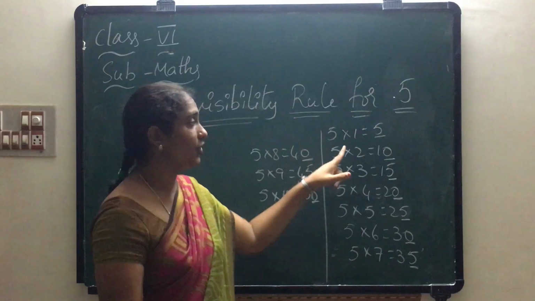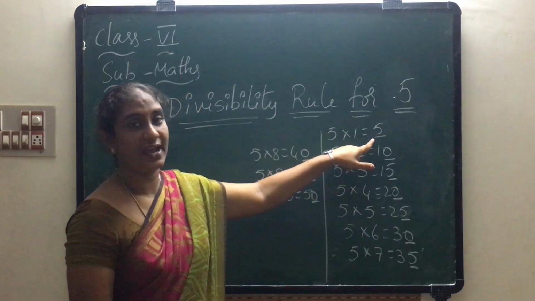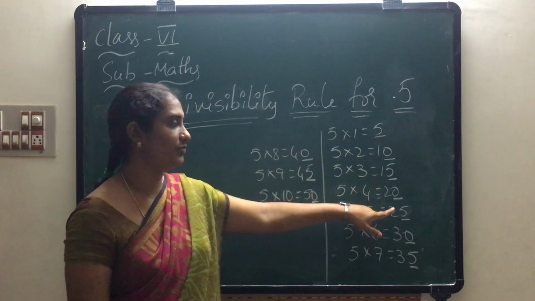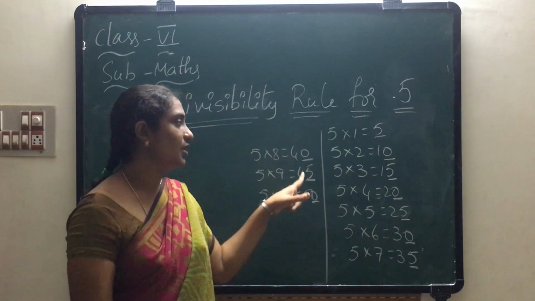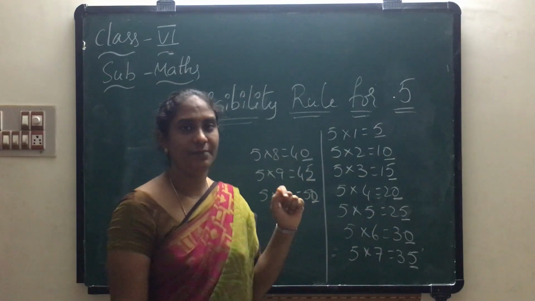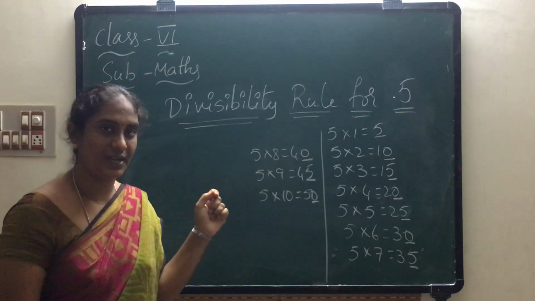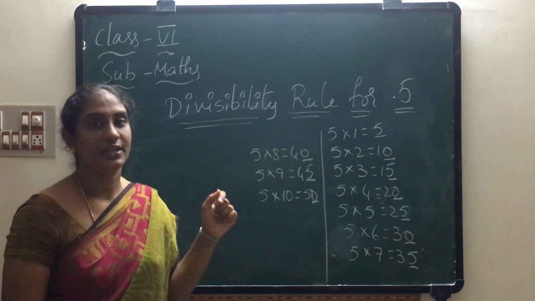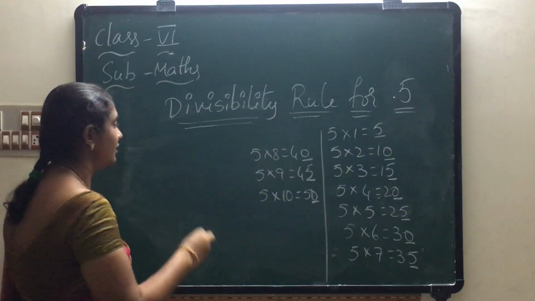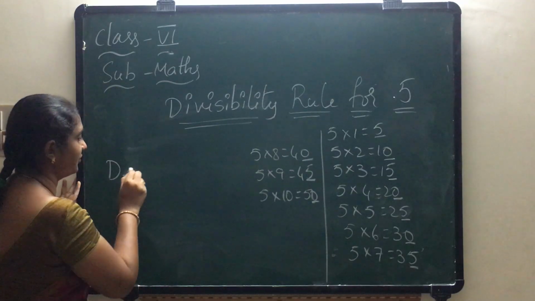Okay, children, in the units place what are the numbers we got here? 5, 0, 5, 0, 5, 0. All the numbers we are getting are 5 or 0. That's why, for the divisibility rule of 5, what do we have to see?